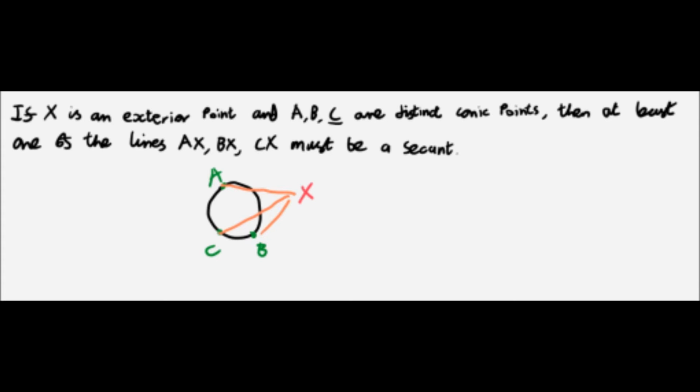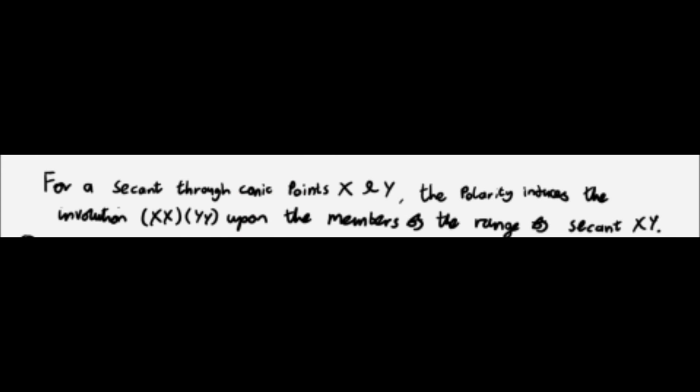So we've just talked about quite a lot of different facts about these conics. Going back just briefly to the idea of involutions, it's useful to think about if we have a secant which goes through conic points X and Y, well, we can write the involution of that secant using our standard bracket notation, because that involution has 2 pairs.